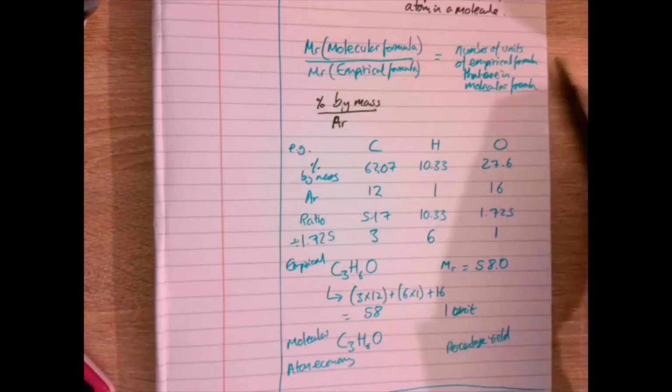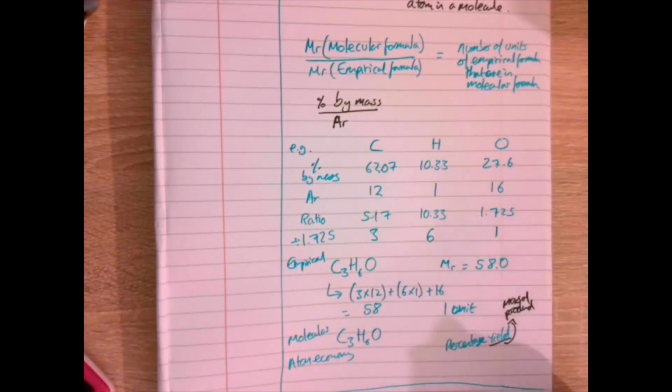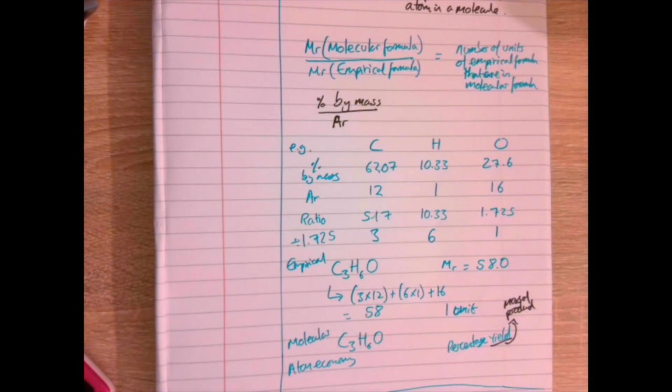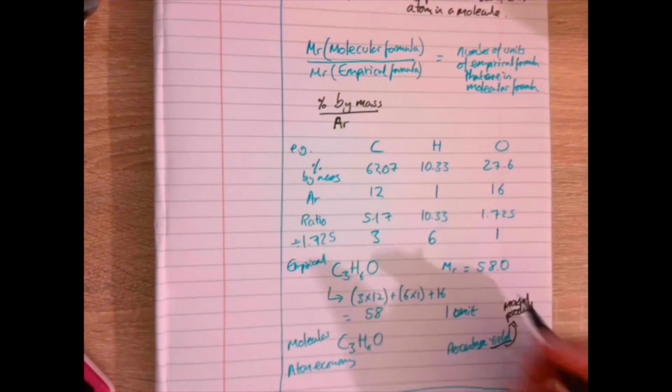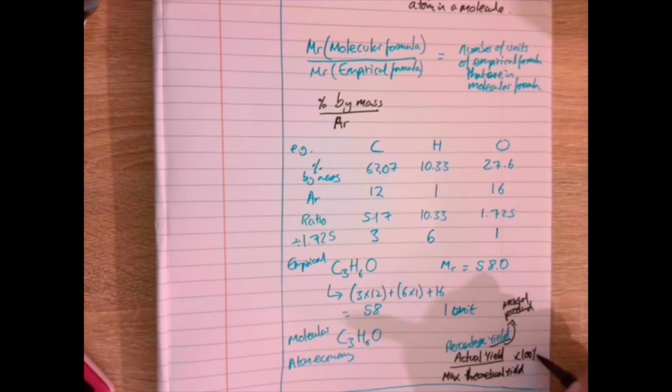Now, our yield is our mass of product, and so what our percentage yield is telling us is how efficient our experimental method is, as it compares what you actually yield to what the maximum theoretical yield is. And as it's a percentage, we times it by 100%.